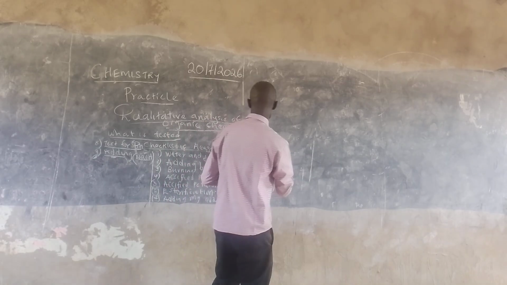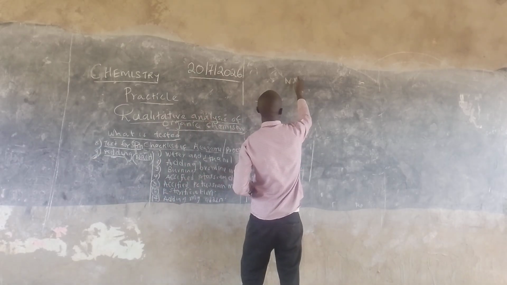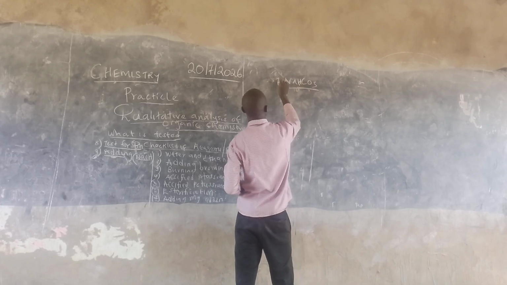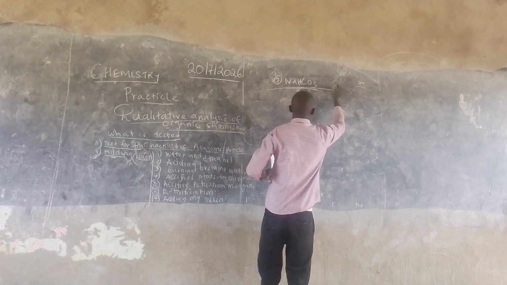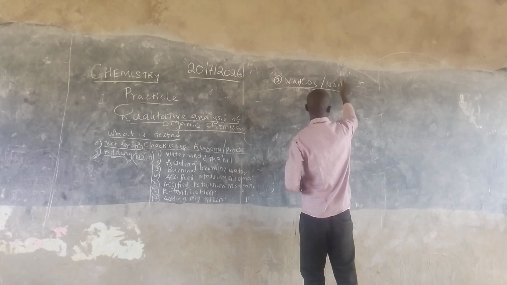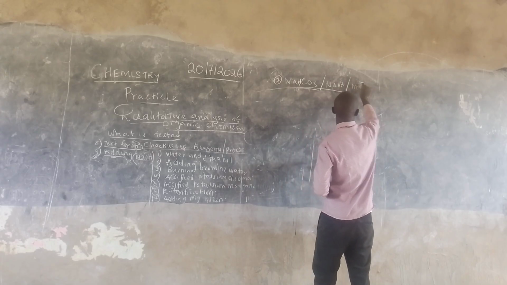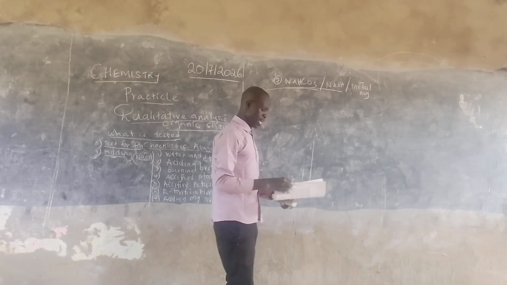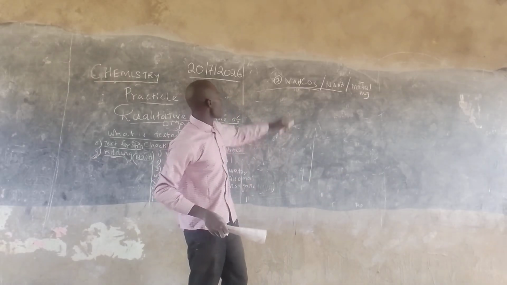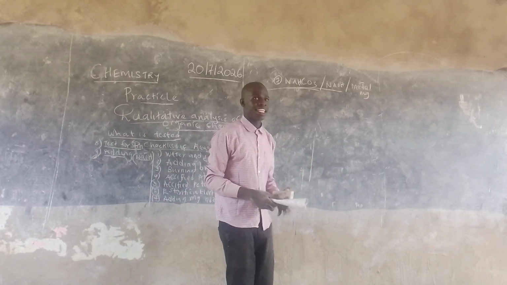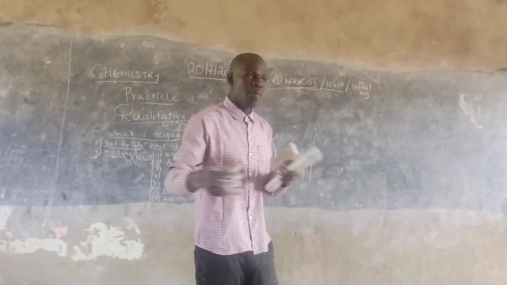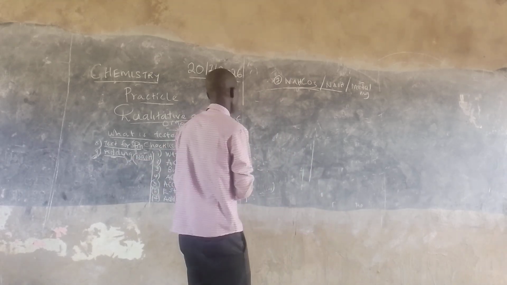Now here we want to use sodium carbonate, sodium hydrogen carbonate, sodium hydroxide, or any metal, a metal can be magnesium or any other metal. Remember, when a carbonate reacts with an acid, at the end of the day we get bubbles, which we call effervescence.